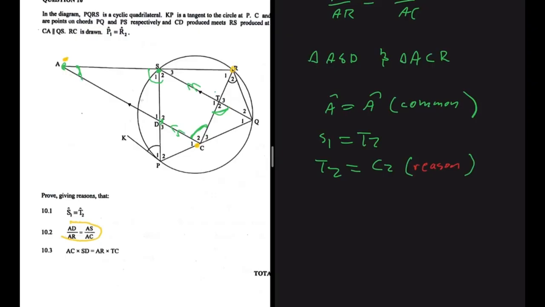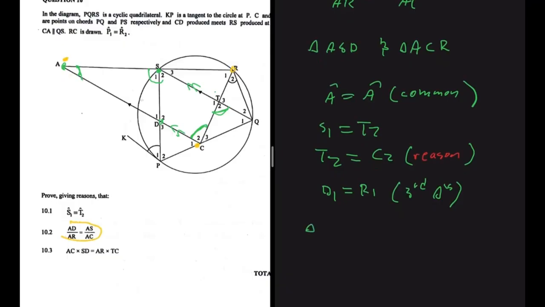So now, since we've proved that T2 is equal to C2, we can conclude that D1 should be equal to R1. Why is D1 equal to R1? Because of the third angle of triangles. If the other two angles are equal to each other, then consequently the third angle should be equal too.